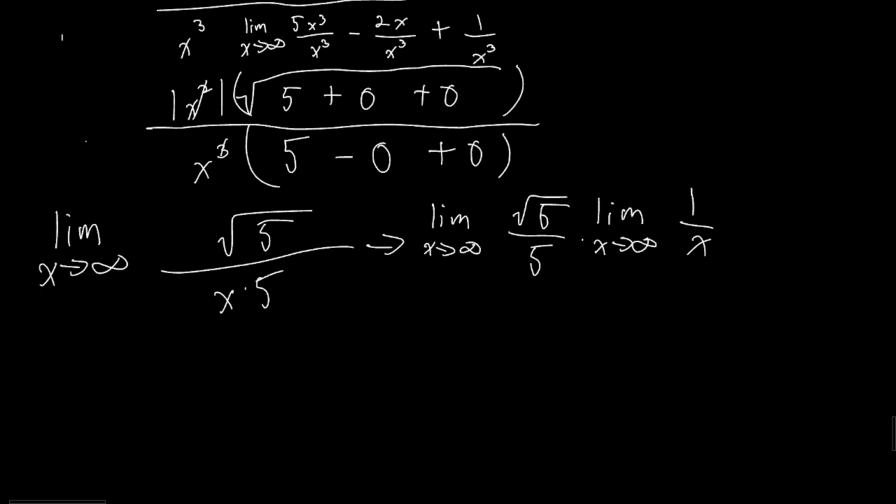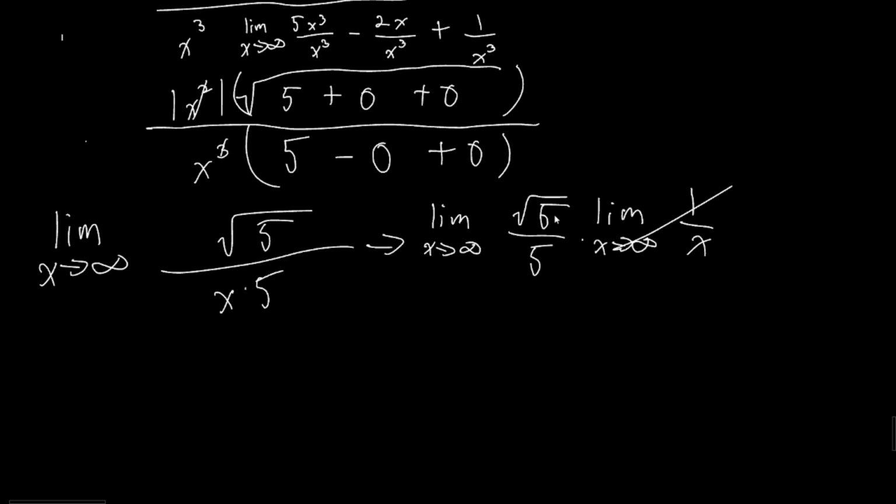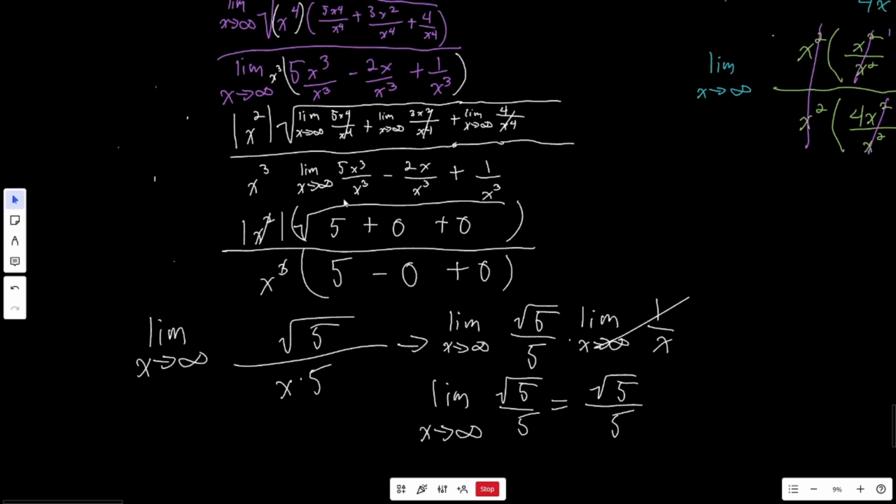So this becomes 0, and so our limit as x approaches infinity is going to be 5. The limit as x approaches infinity, following the constant limit rule, is equal to square root of 5 over 5. That was a pretty long question.